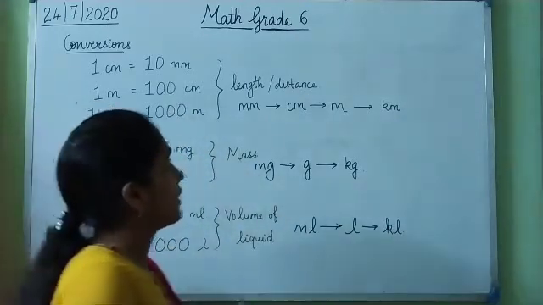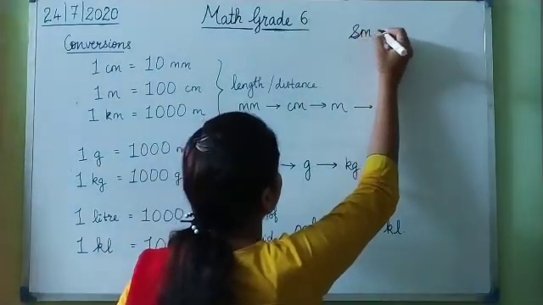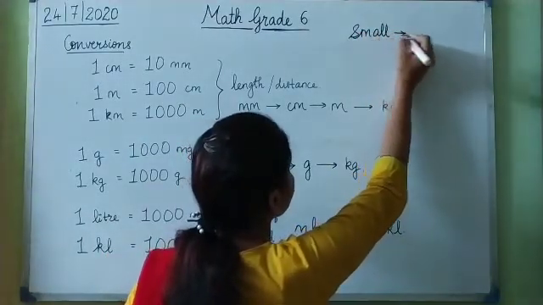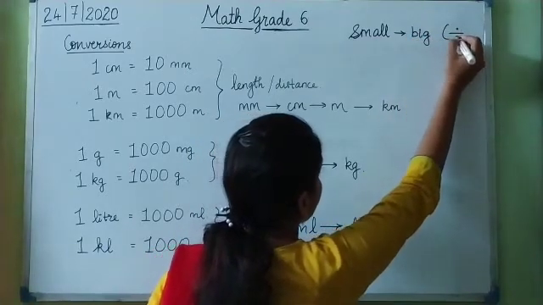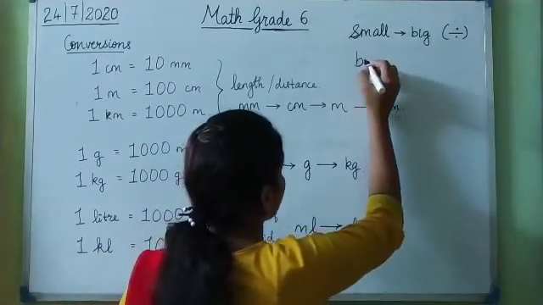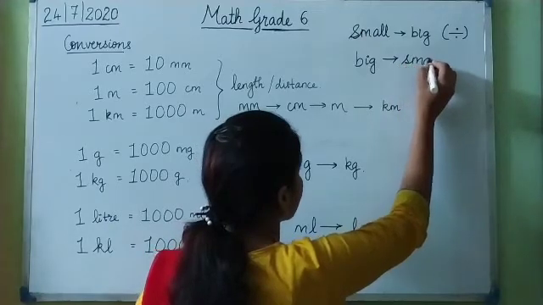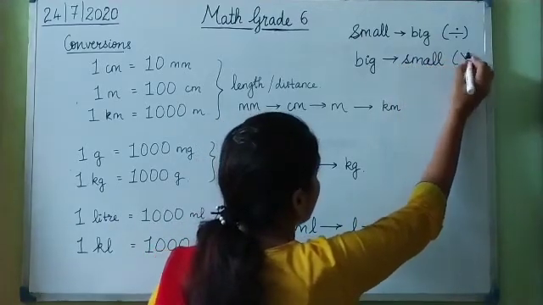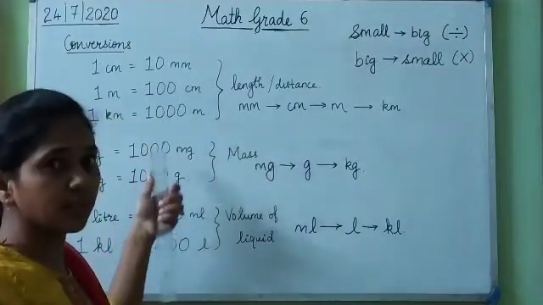I'll write it here for you. From a smaller unit to a bigger unit, you divide. And if it is reverse, from a bigger unit to a smaller unit, from big to small, you multiply by the constants. These are the constants.